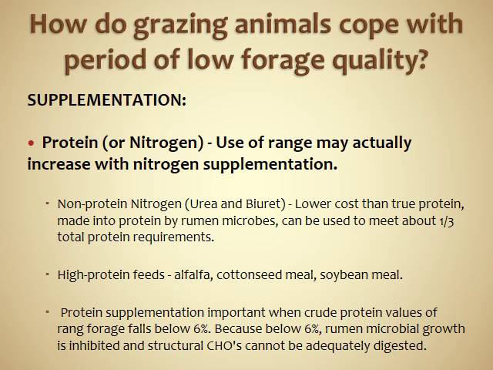Again, those protein supplementations are really important because the range forage often falls below 6%. And if it's below 6%, the rumen microbial growth is inhibited, and then animals aren't able to use the carbohydrates that are out on the range.